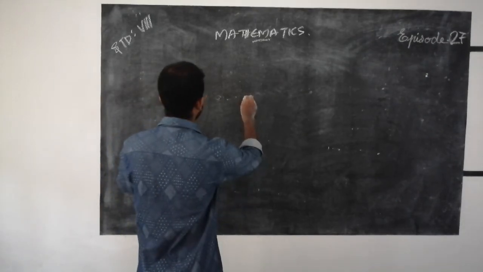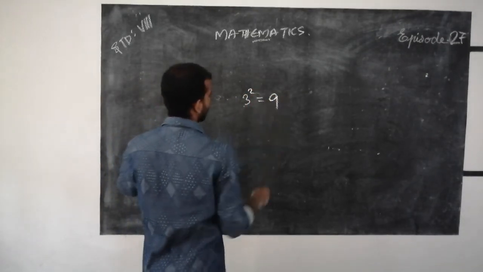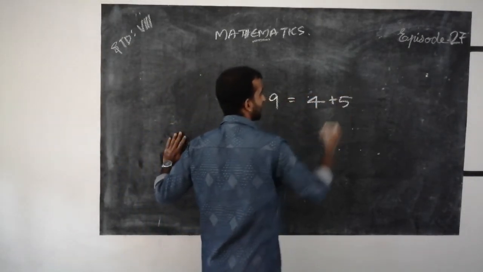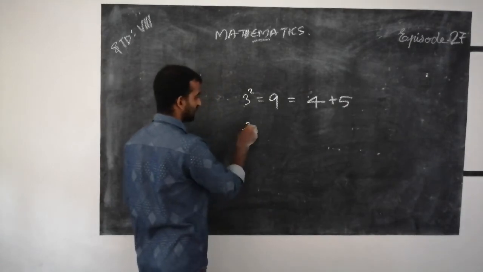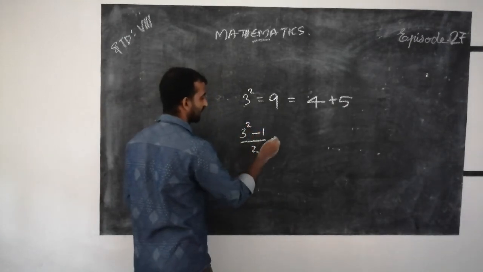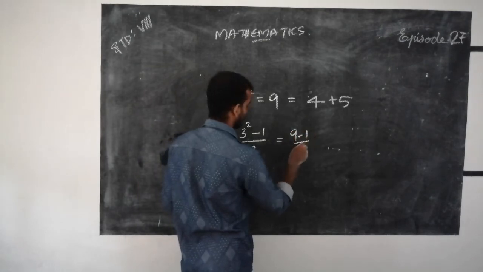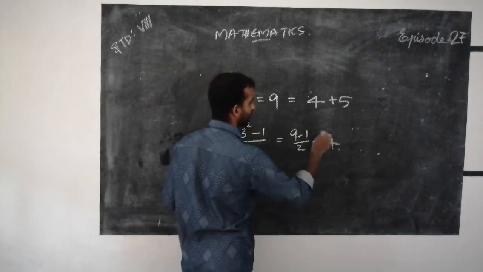That is, 9 we can write as 4 plus 5. That means 3 square minus 1 by 2, that is 9 minus 1 by 2, we get 4.